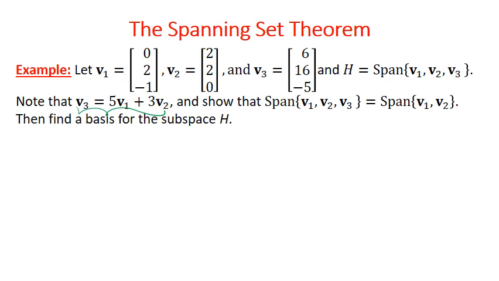And we want to show that the span of this set of vectors is equal to the span of this set of vectors. And then we're going to find a basis for that subspace H. Okay, so we're going to take some baby steps here.